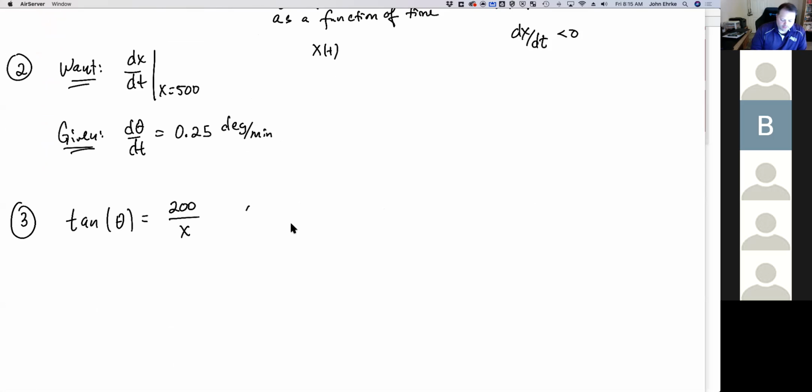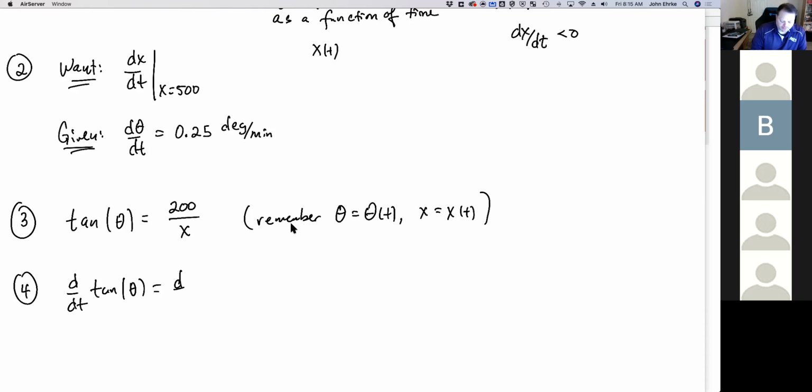Now remember, just because I don't write theta and x as functions of t, they are functions of time here. I'm simply hiding the function dependency, which means that if I take a derivative with respect to time of both sides, which is step 4, then I have to implicitly differentiate both variables.